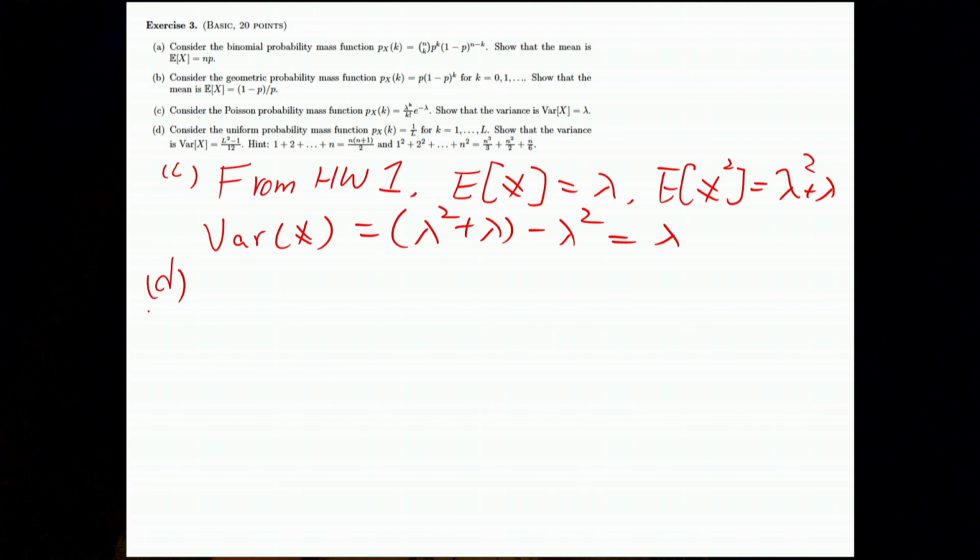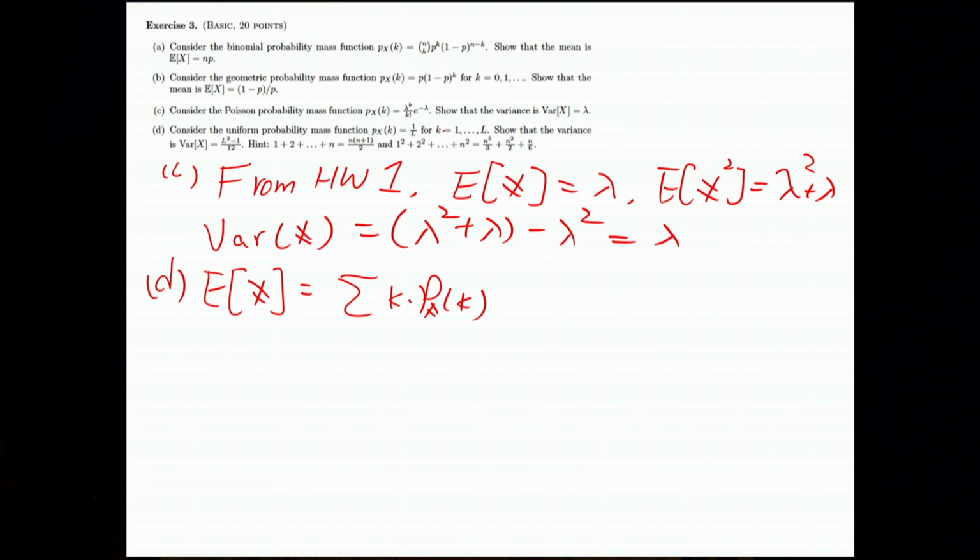And for part D, it's a uniform PMF. Show the variance, and there's a hint here. To show the variance, first we need to find the expectation, because we will use this formula. The expectation is all the possible outcomes times their weightings.